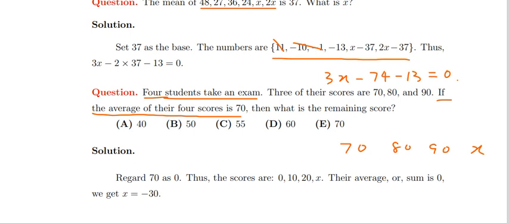We just let 70 be 0. We change these to 0, then 10, then 20. So this one should be negative 30, right? So we find x equals negative 30. Our base is 70, so this equals 70 plus negative 30, which is 40.